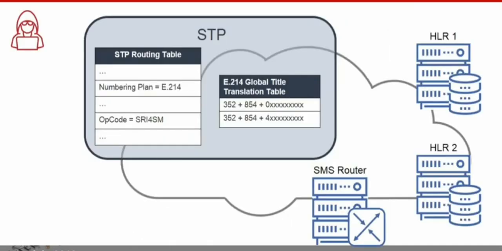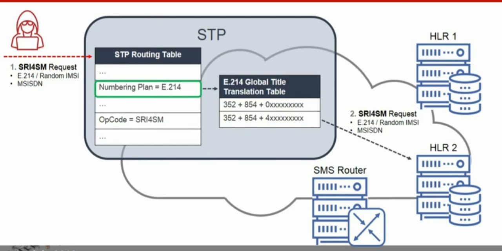And now, the intruder appears in the SS7 network, and he knows all the information I have just given. He is able to compile a send routing info for SM message, addressing it by the third type of addresses, and address a subscriber by MSISDN.